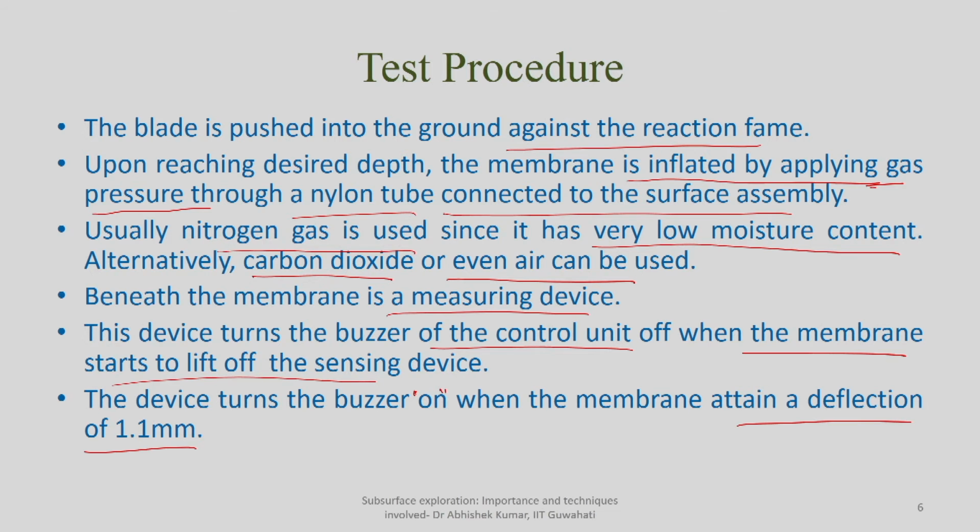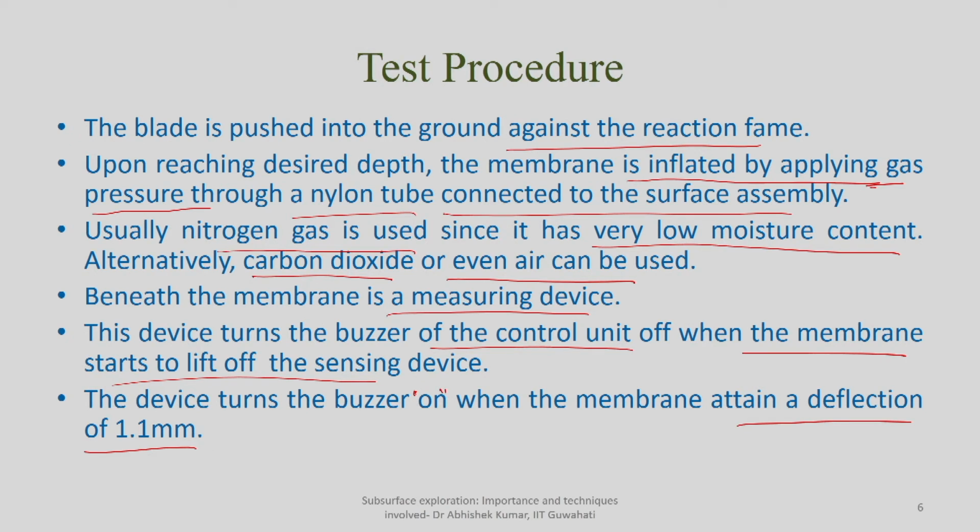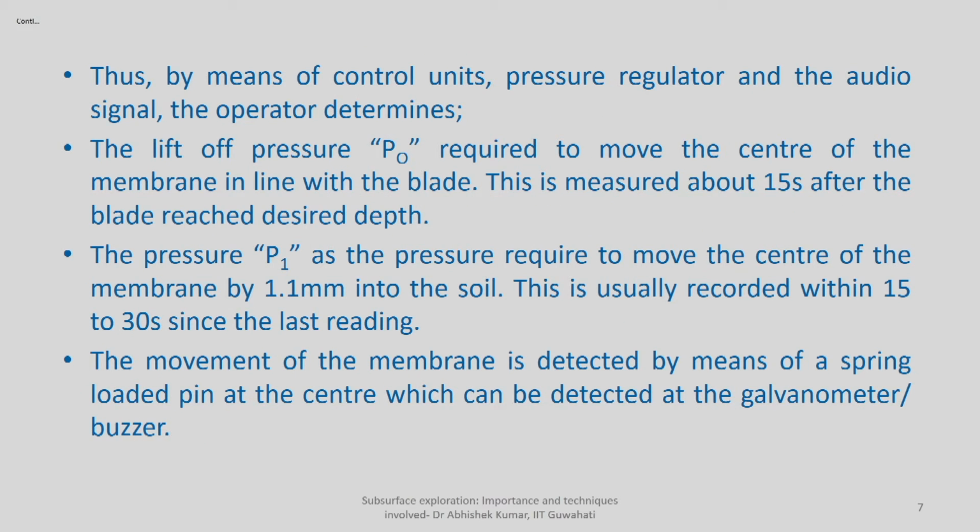Once your membrane starts pushing the soil, until the time it reaches 1.1 mm, the buzzer will be off. Once it reaches 1.1 mm push of the soil, the buzzer will be on, and this will indicate that it has reached 1.1 mm displacement of the soil. So that is one among many observations you have to make during field testing.